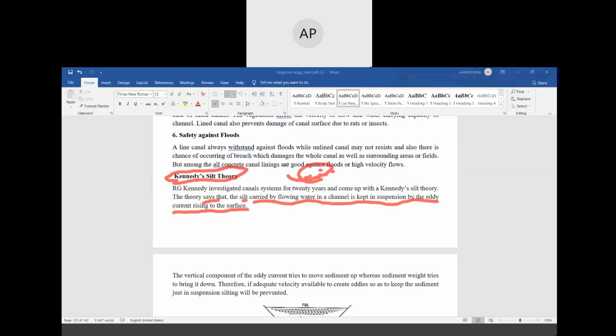If water carries some other materials with it, then that is silting. So the theory says that the silt carried by flowing water in a channel is kept in suspension. Why are these materials suspended? Due to the eddy current rising to the surface.